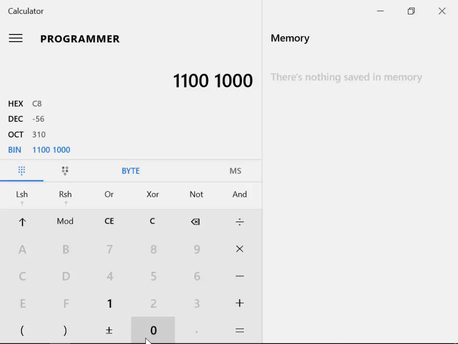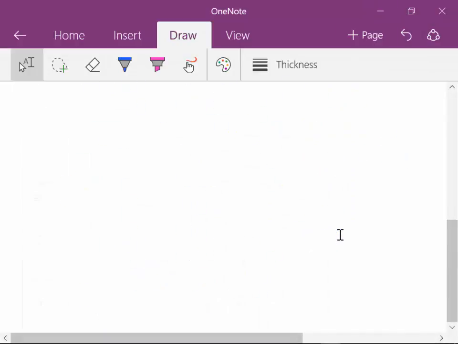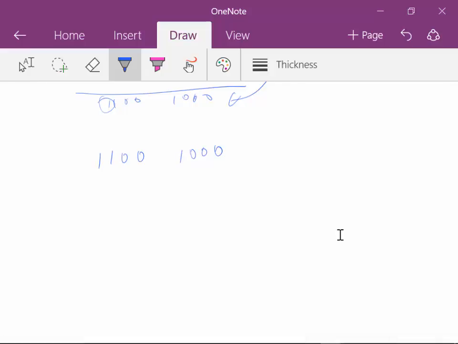Now if I convert it back, I repeat the same process right there. So I've got the number 11001000. If I want to see what that number is, I know it's negative, but it's a negative what? I repeat the process. 11101100.